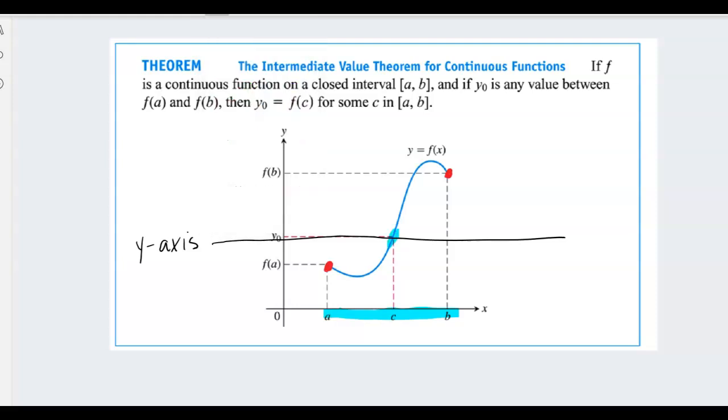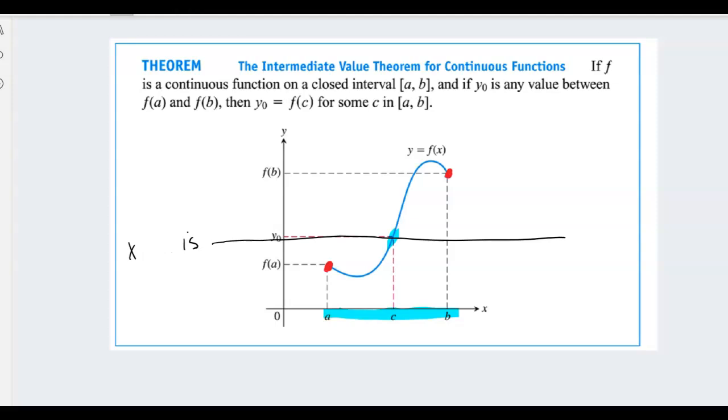It has to pass through the y-axis at some point. Oh, hi, why am I saying y-axis? That's x-axis. Bad teacher. That the graph has to pass through the x-axis, or y equals 0. That's why I was thinking y equals 0.